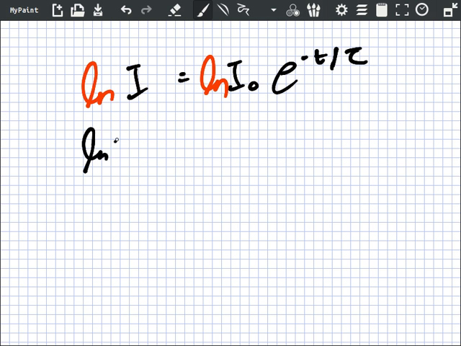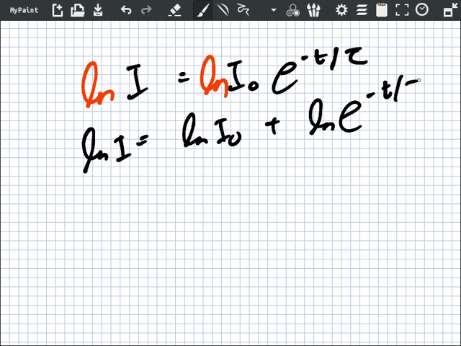So that's log I equals log I0 plus log e to the minus t over tau. Now, what happens when you have a log and an e? They cancel.